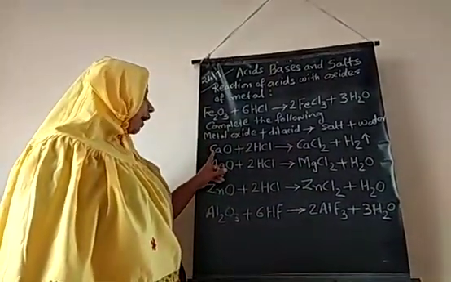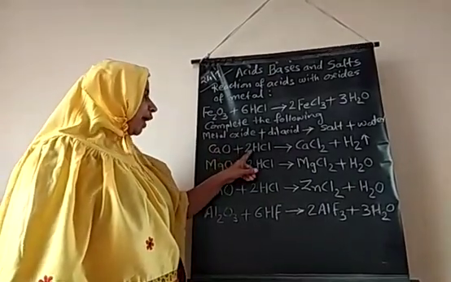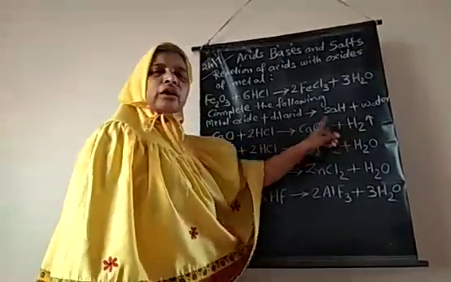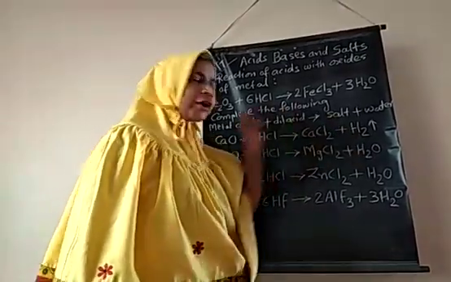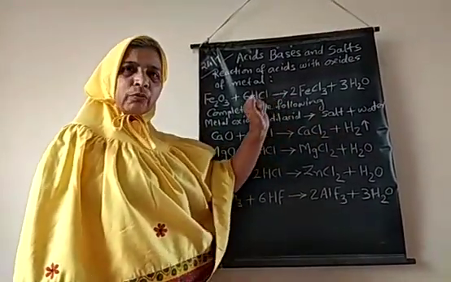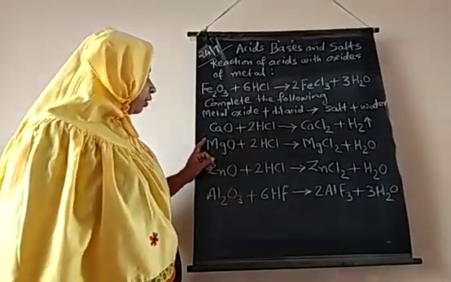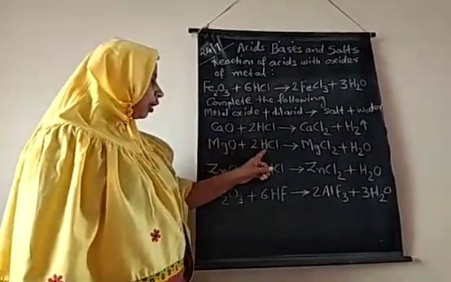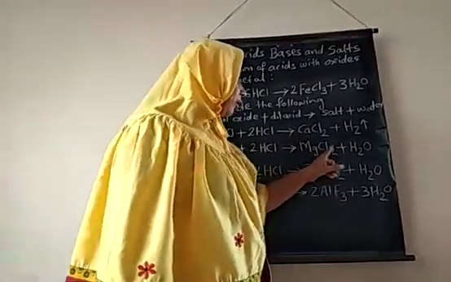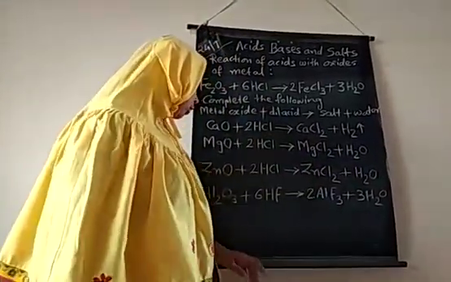Here calcium oxide, when it reacts with dilute hydrochloric acid, forms calcium chloride salt, and water is formed here. But when magnesium oxide dissolves in dilute hydrochloric acid, then magnesium chloride and water are formed.